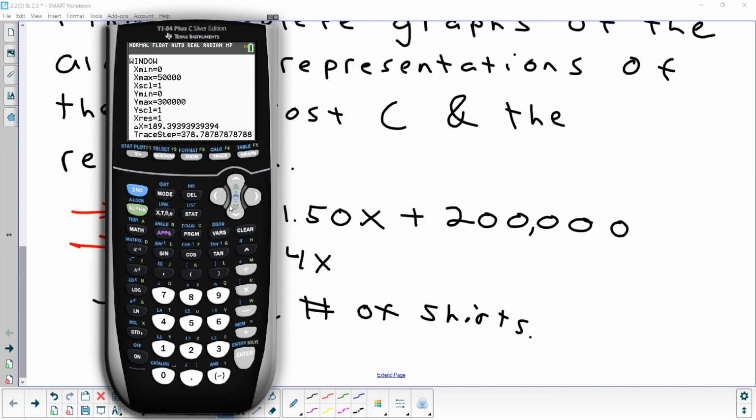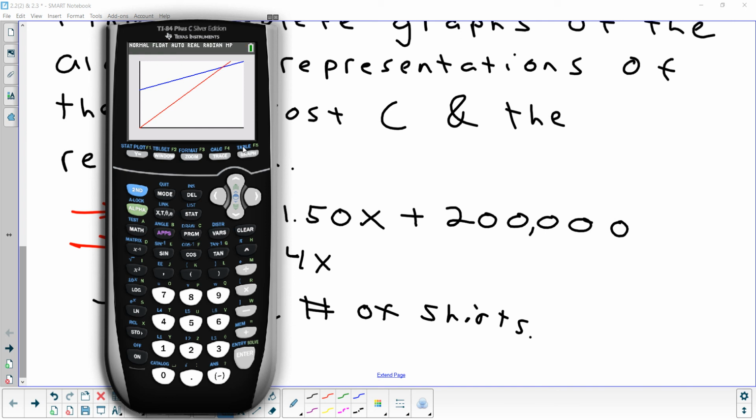So let's set the X max at, let's try 100,000 shirts. And let's set the Y max, I don't know, let's try 350. Let's graph it now and see if we can see where they cross. Yeah, I think that'll be good.